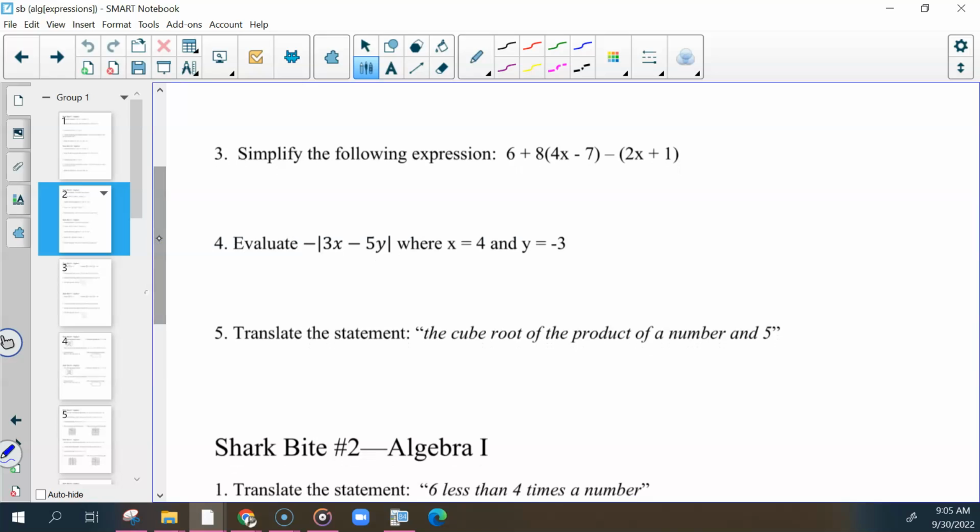So for number 3, we have to simplify. So we need to do what first? Distribute. The 8 here, and there's a negative 1 here. So this should be 6 plus, multiply these to get 32x, multiply these to get negative 56, negative 2x, and negative 1.